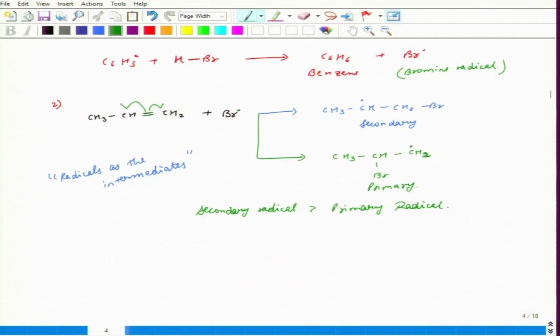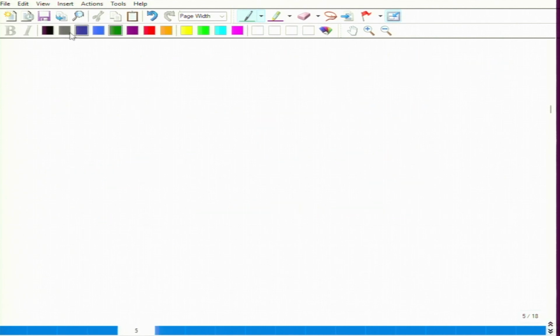That means if the intermediate radical is more stable, the reaction will be favored in that direction. Now, this will take up the proton. How will it take up the proton? The CH3 CH radical is there, CH2Br.